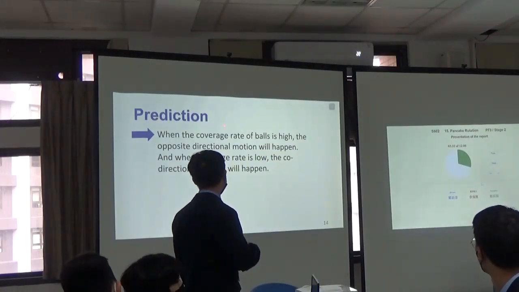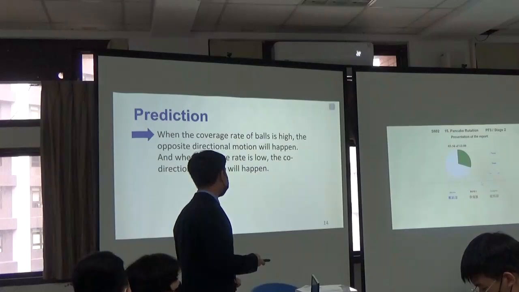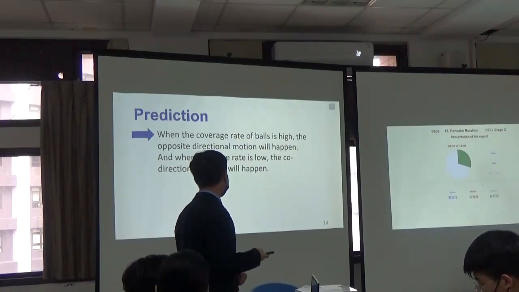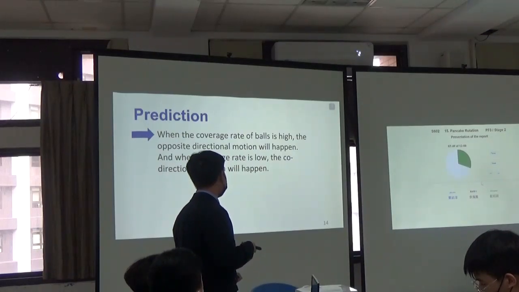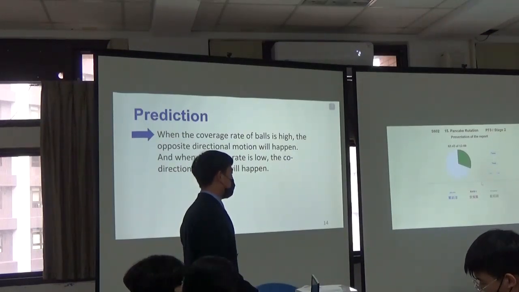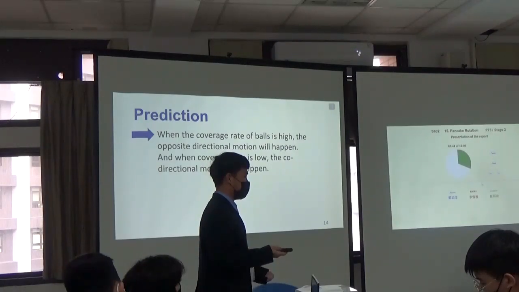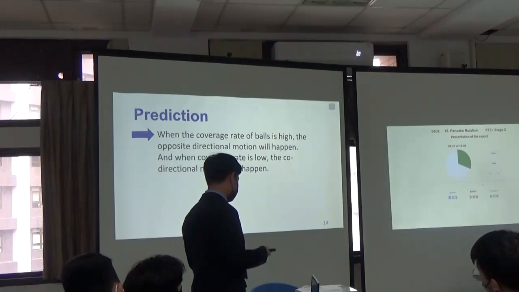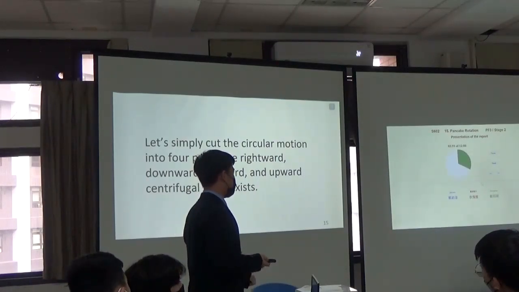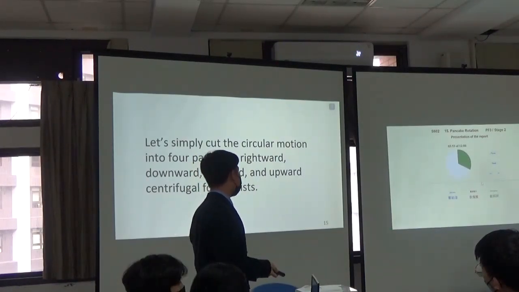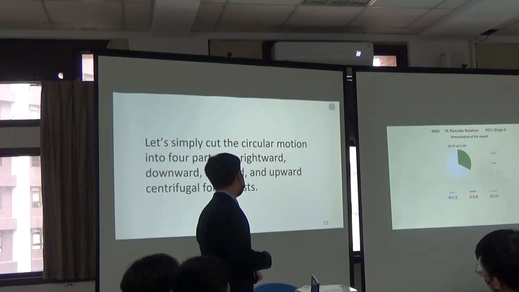And this is the prediction. We think if the coverage rate of balls is high, the opposite directional motion will happen. And if the coverage rate is low, the co-directional motion will happen. Okay, let's simply cut the circular motion into 4 parts.